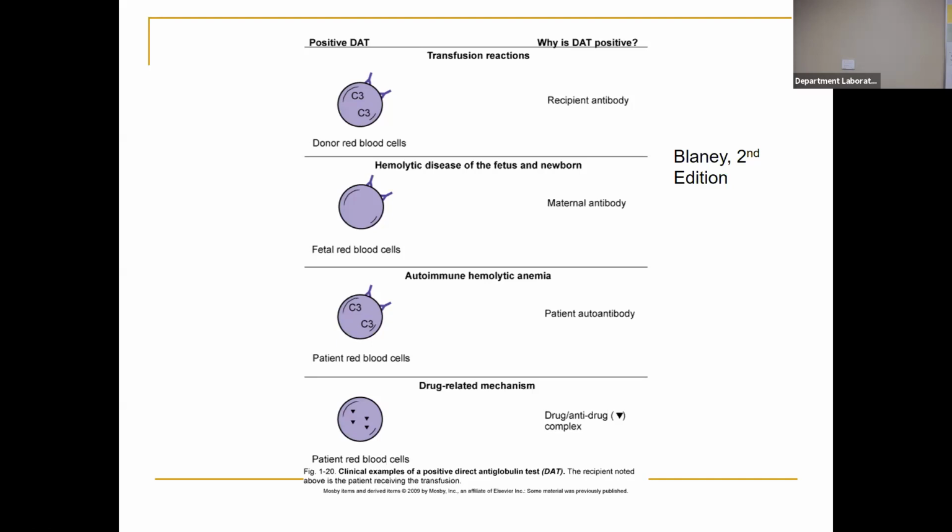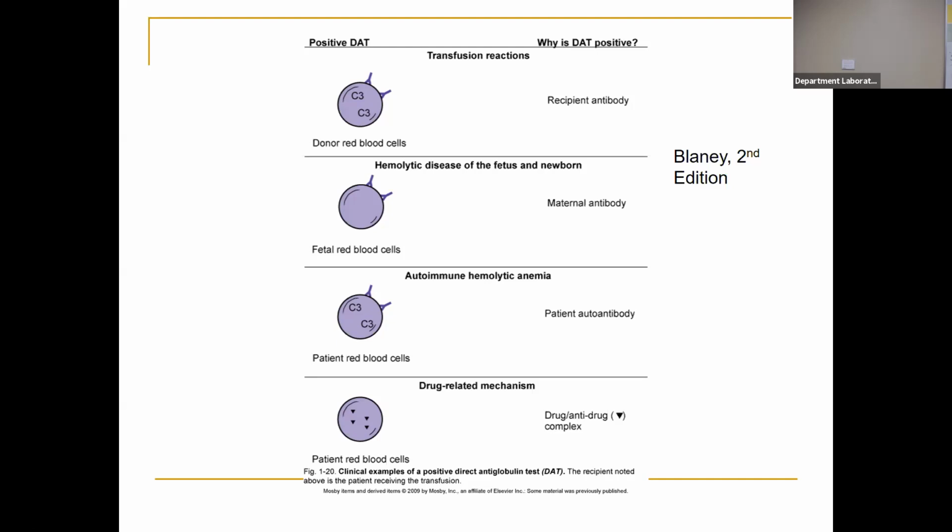In complement, if you have a positive DAT and it's due to complement coating patient cells, and we were to do an elution, your elution would also be negative, because complement is not involved. Why is it going to be negative? This really ties into the IAT. Think about mixing your patient plasma or your eluate with our panel cells, which are all group O cells with a known antigenic profile.